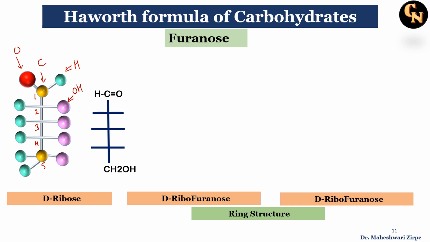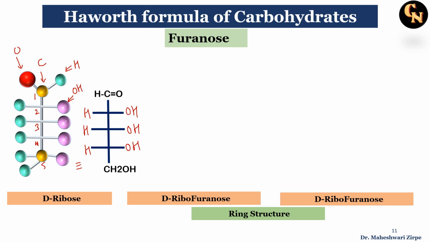This is how we are going to represent. The same way we will draw it here: OH, OH, OH, H, H and H. Both are Fischer projections of D-ribose.